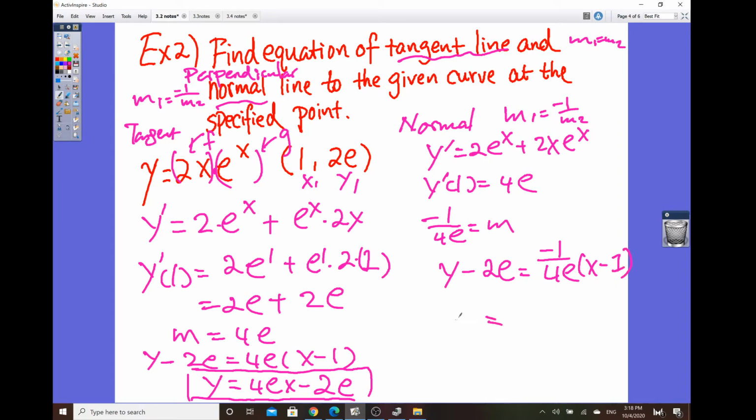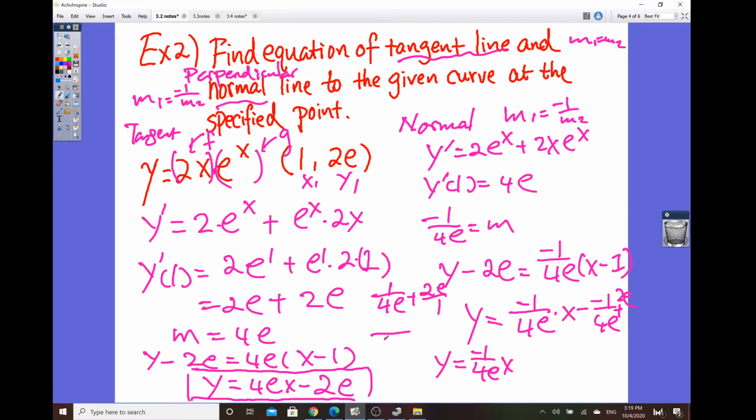And then for the rest of this, isolate the variable, so negative 1 over 4e times x, and then minus negative 1 over 4e. Well, negative negatives, that'd be positive. And then plus 2e. So we got y equals negative 1 over 4e times x, plus 1 over 4e plus 2e over 1.